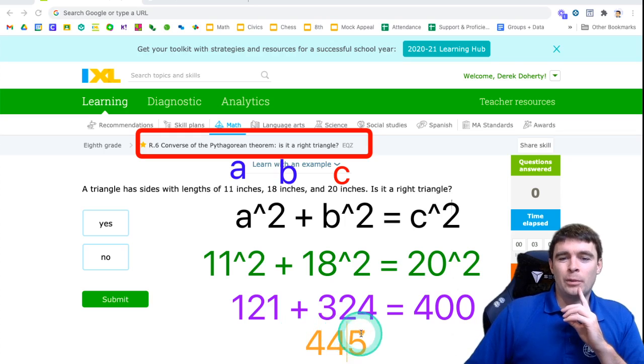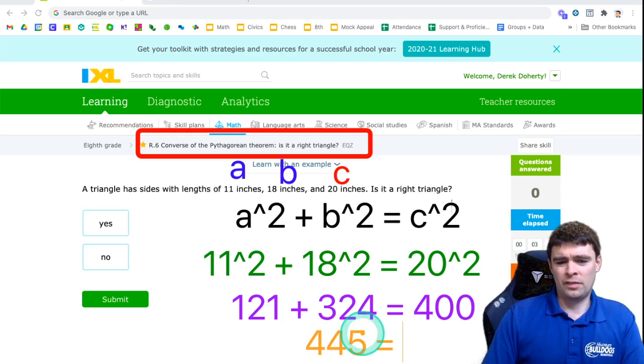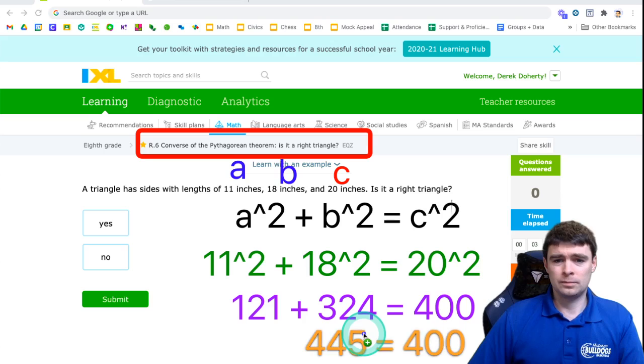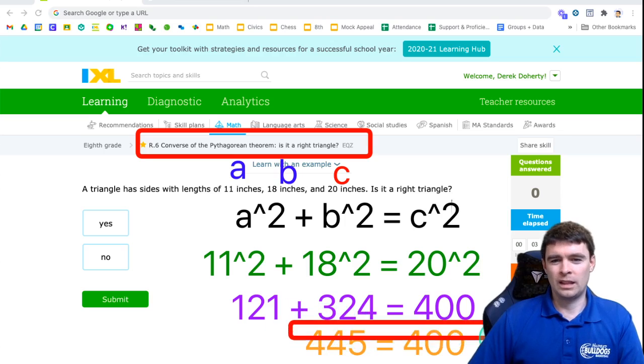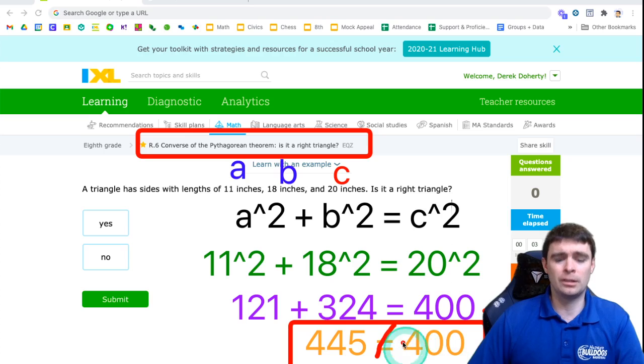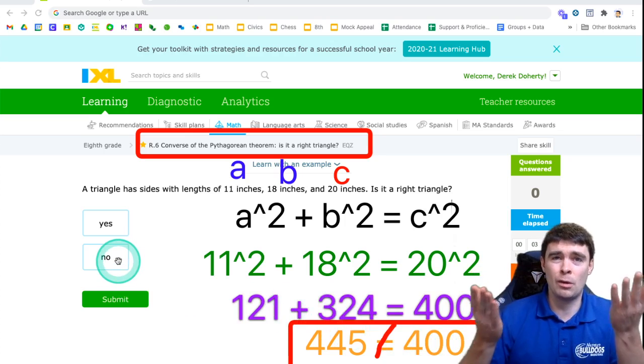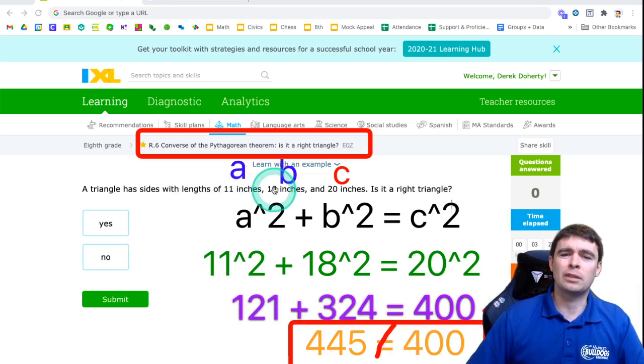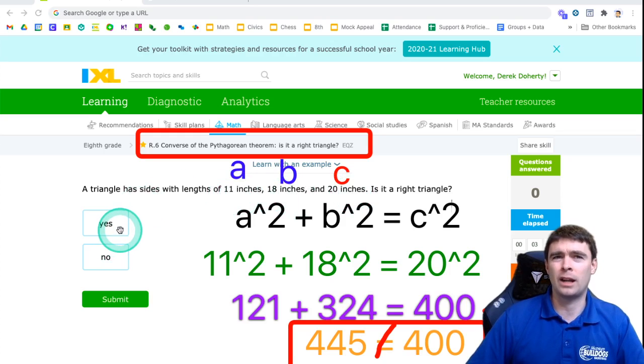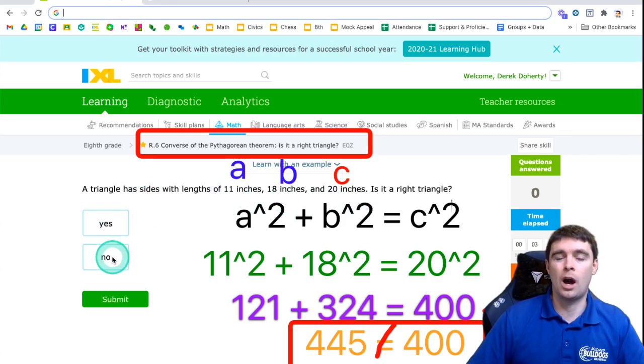But either way, whether I get 445 or 455, if the left and right side do not exactly equal, if this is a false statement, which this really is, those are not equal to each other. That tells me quite simply this couldn't have been a right triangle. The left side and right side should have been equal if these three sides formed a right triangle. So it must be some other kind of triangle, a non-right triangle, because a squared plus b squared did not equal c squared.